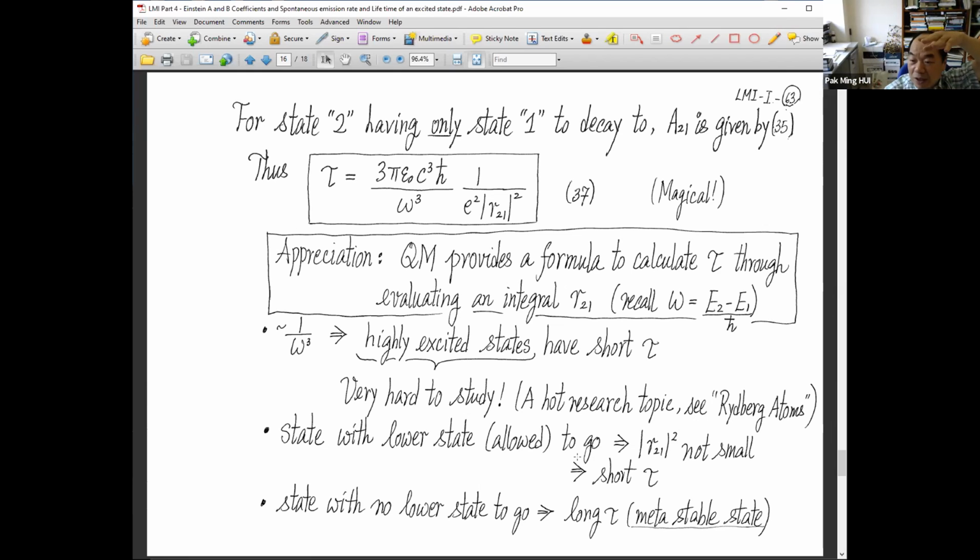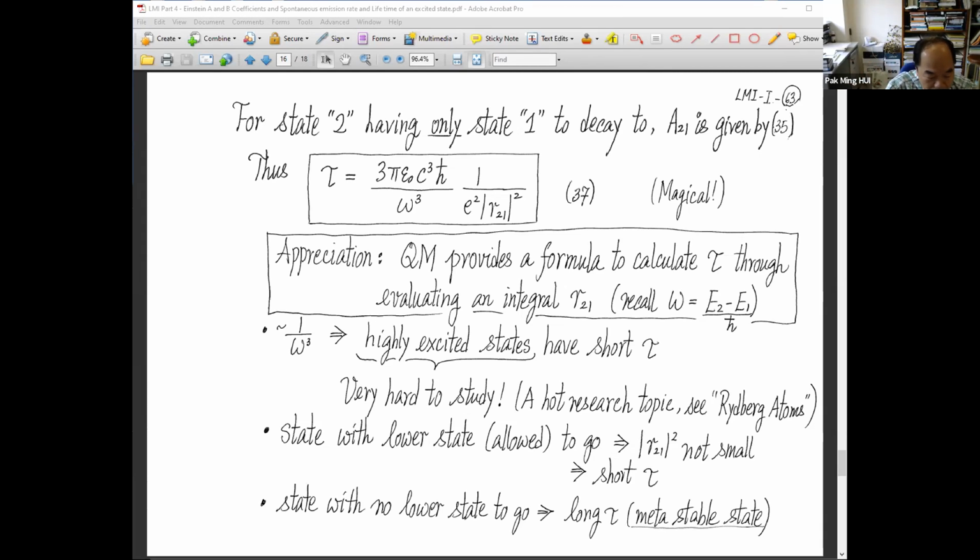The lifetime of this state will be short, okay? A typical short lifetime is, this is a ballpark, okay? 10 to the minus 8, 10 to the minus 9 second. That is the excited state lifetime. You don't need to stimulate it, it will come down.